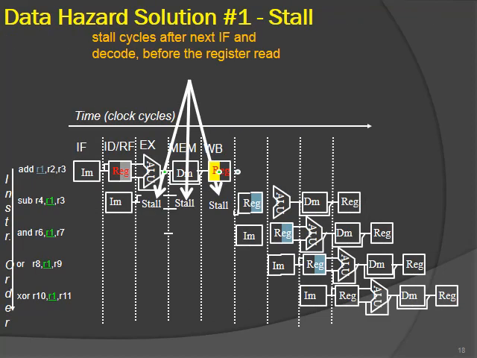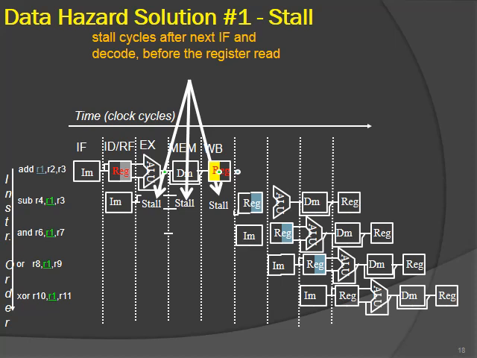So for the solution, the first solution is to insert 3 stalls for the second instruction. After the completion of the fifth cycle, when the result is stored in the register during the write back stage, the register holds the result of the first instruction.